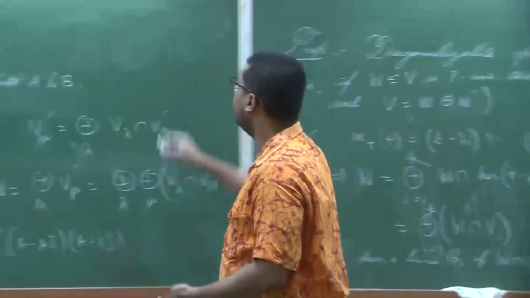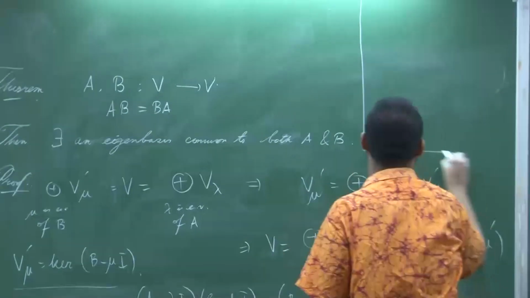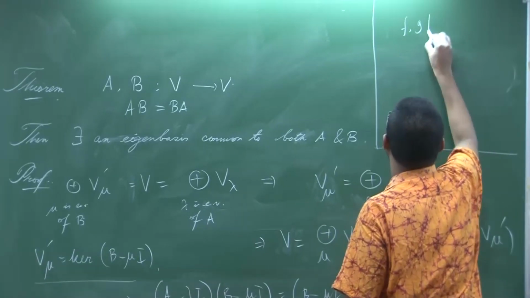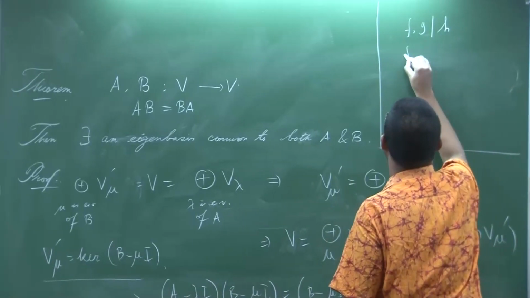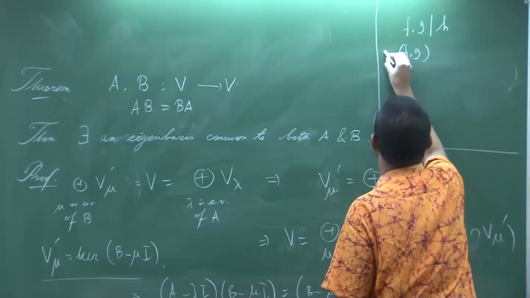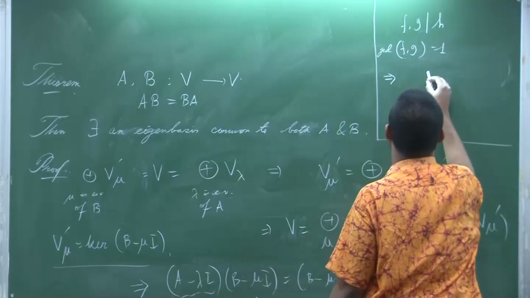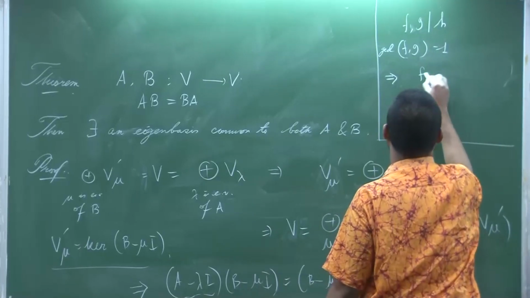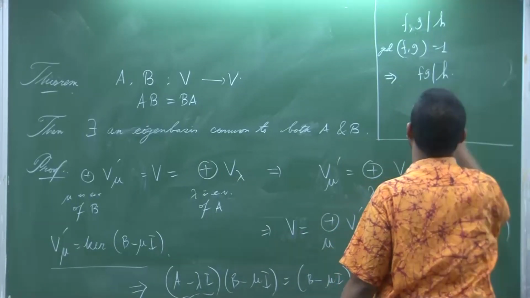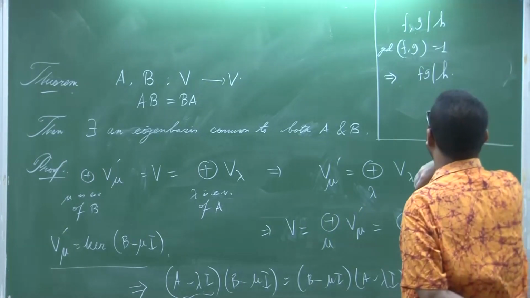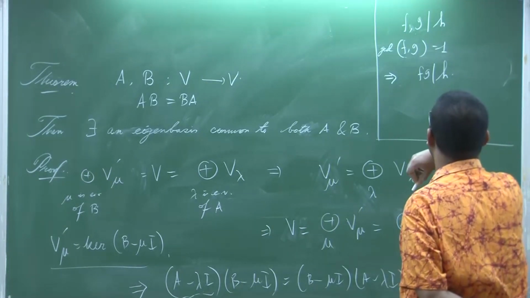I should just remind you of what I have left to you as an exercise: if f and g both divide H, they are polynomials, and the GCD of f and g is 1, then f times g divides H. Okay, so how can we think of proving that?